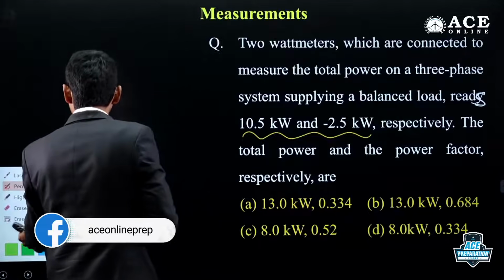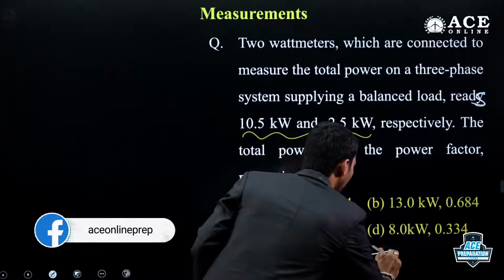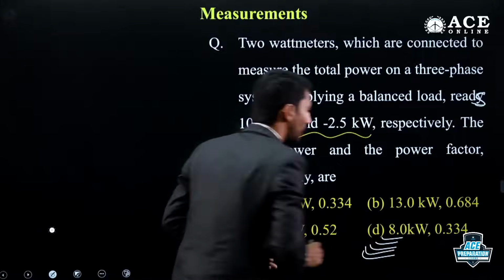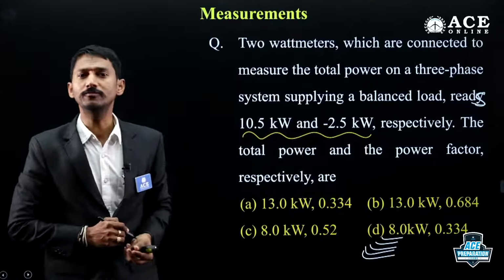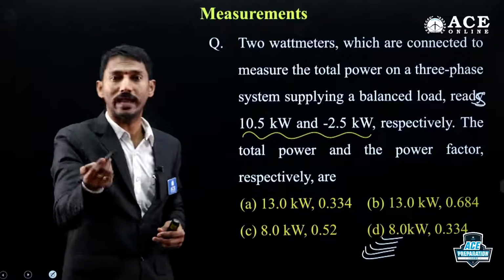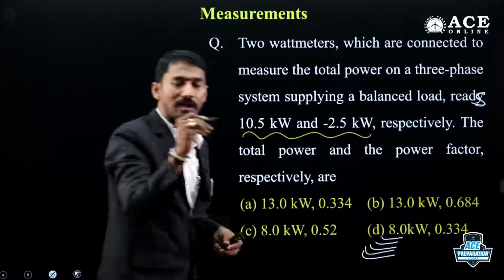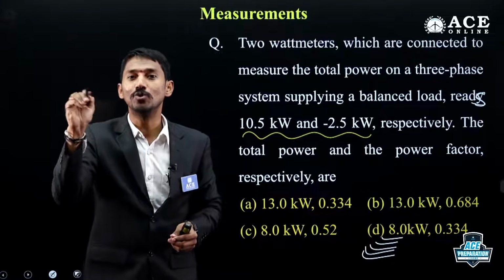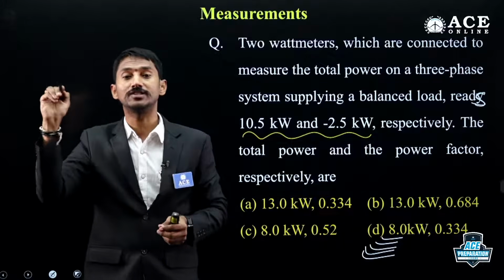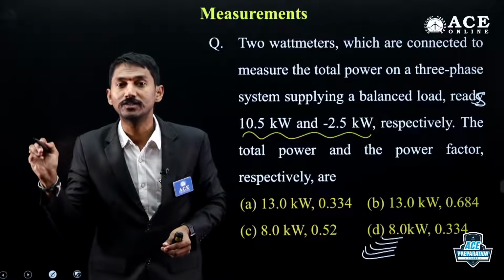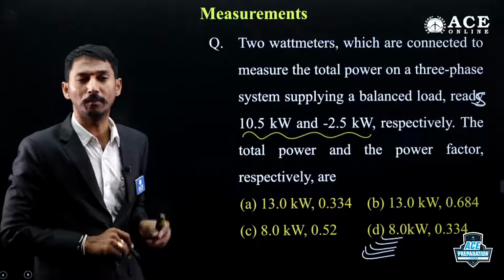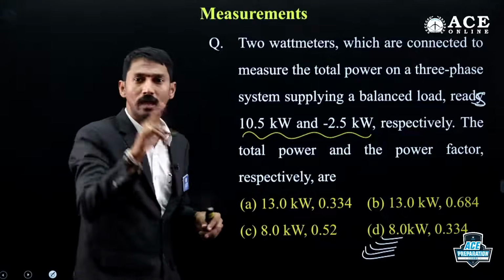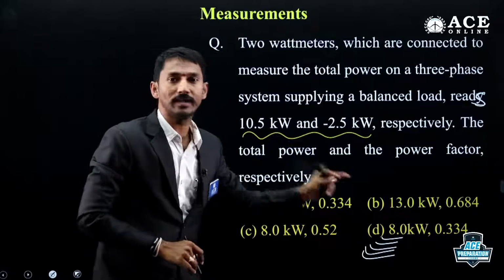Therefore, without writing anything, directly we can choose the option, that is 8 kilowatt and 0.334 lagging. Even though you calculate by using cos of tan inverse root 3 times W1 minus W2 by W1 plus W2, you are going to have the same answer. You can verify. But directly, though it looks lengthy, for a 1 mark model, directly you can answer.